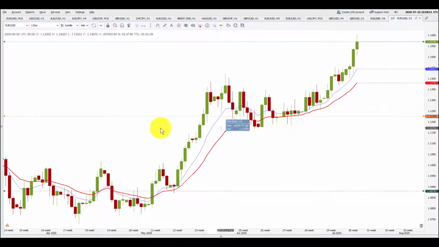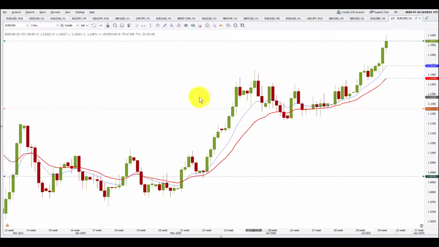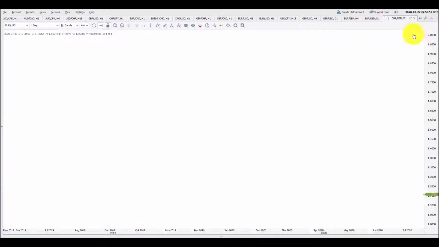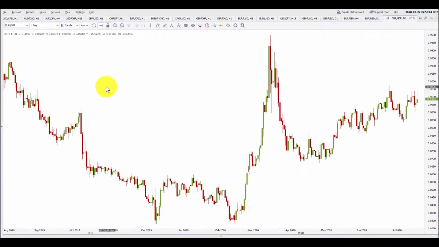So let us see a few more examples in some other currency pair. Let us see, say, Euro GBP.